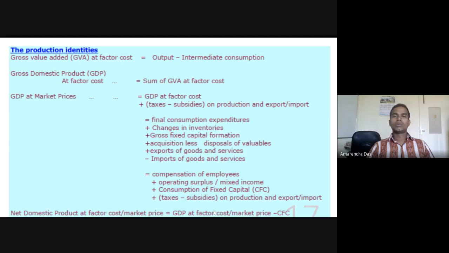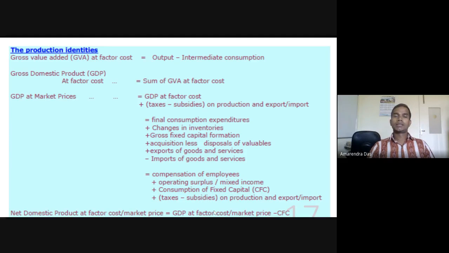That is also equal to the final consumption expenditure plus the change in inventories and gross fixed capital formation plus acquisition minus disposal of valuables plus exports of goods and services minus the imports of goods and services.